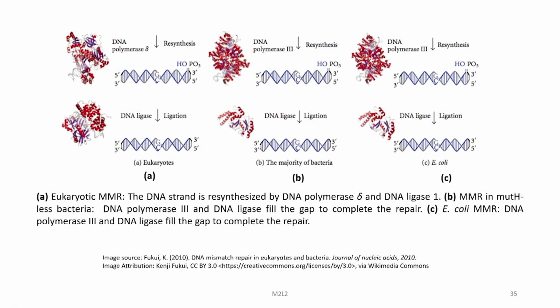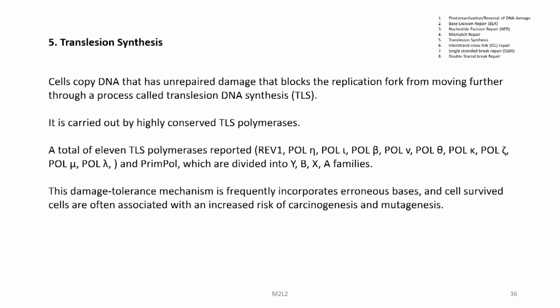In E. coli, the DNA polymerase III and the DNA ligase fill up the gap to complete the repair. So, this is a comparison between the eukaryotic MMR, E. coli MMR, and MMR in MutH-less bacteria.